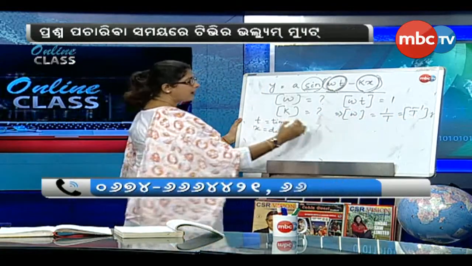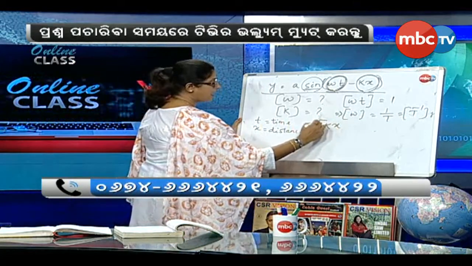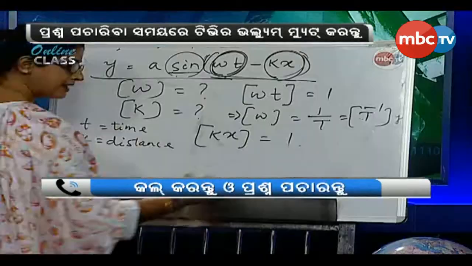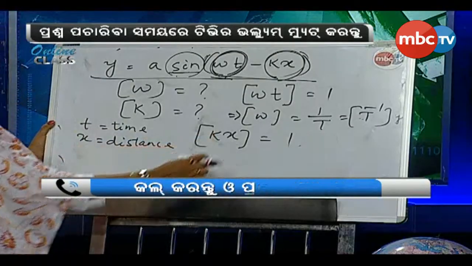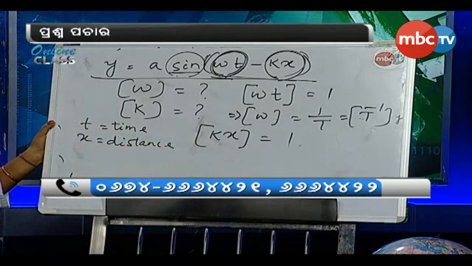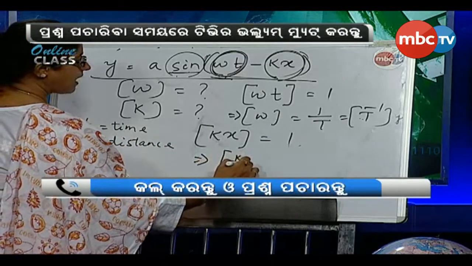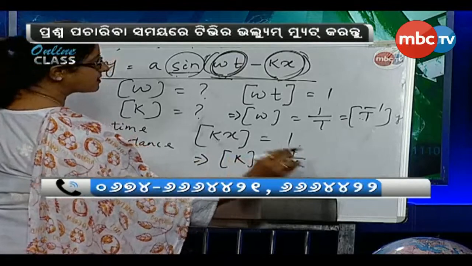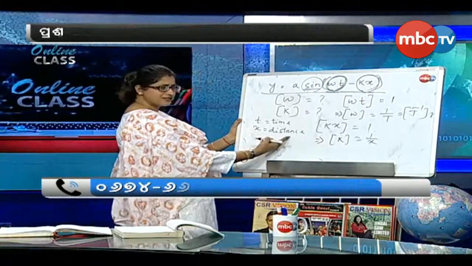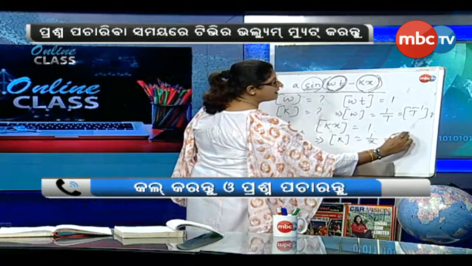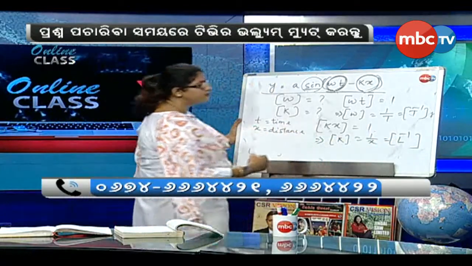Again, kx has the dimension of angle, which is 1. So the dimension of k will be 1 upon x. What is x? It is given as distance. So it's L to the power minus 1.